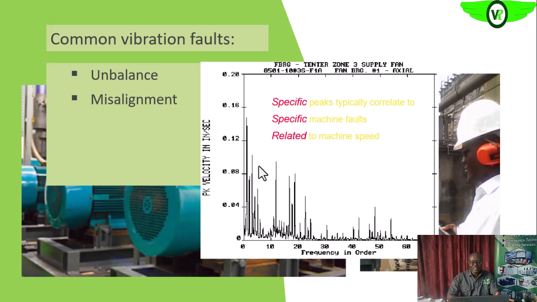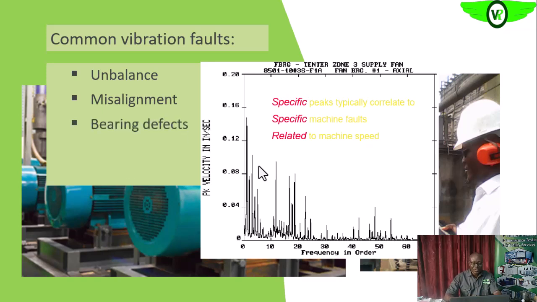If it is 180 degrees out of phase, remember we said they are supposed to be in phase because both shafts have become one by virtue of the coupling. If they are out of phase because of the axial movement caused by the misalignment, then we have a misalignment condition.